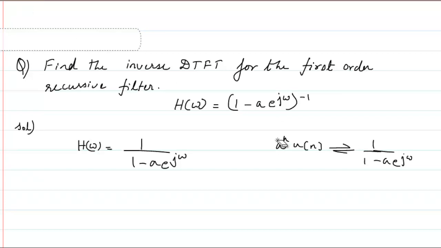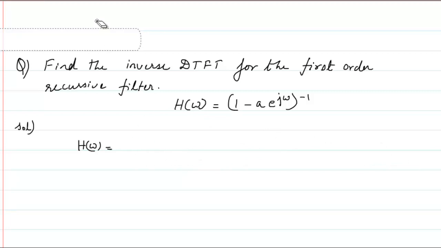I can very easily write that, but I am trying to use a different solution here. So what I will try to do is, I will first write H of omega is equal to (1 minus a e raised to power j omega) raised to power minus 1. Now using the series expansion, which is the series expansion that we are talking about?